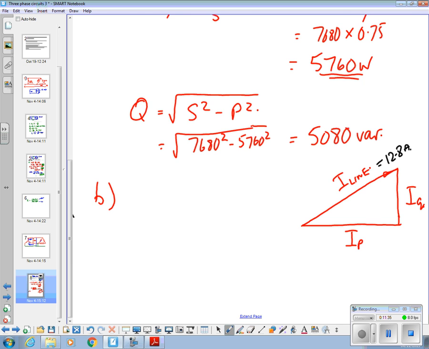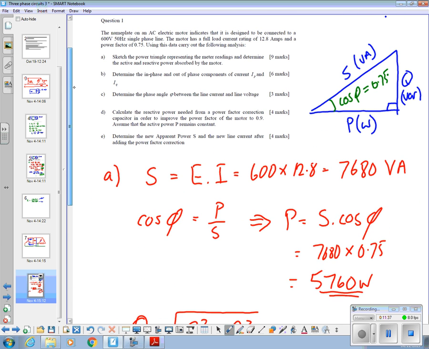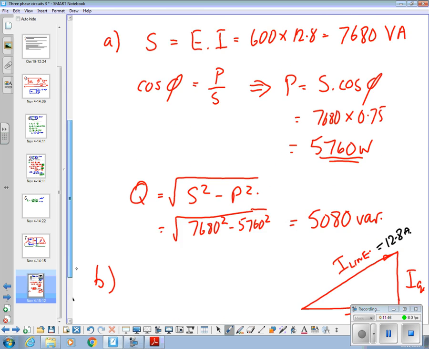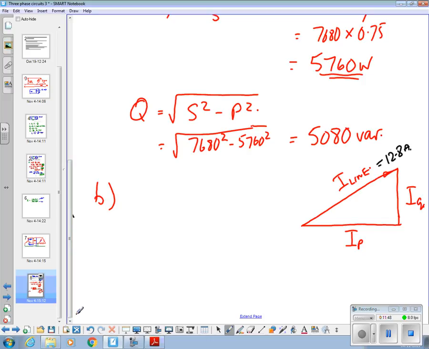Looking at the data you've been given in the question, looking at what we put on our other triangle, the phase angle, the power factor angle, is the same.